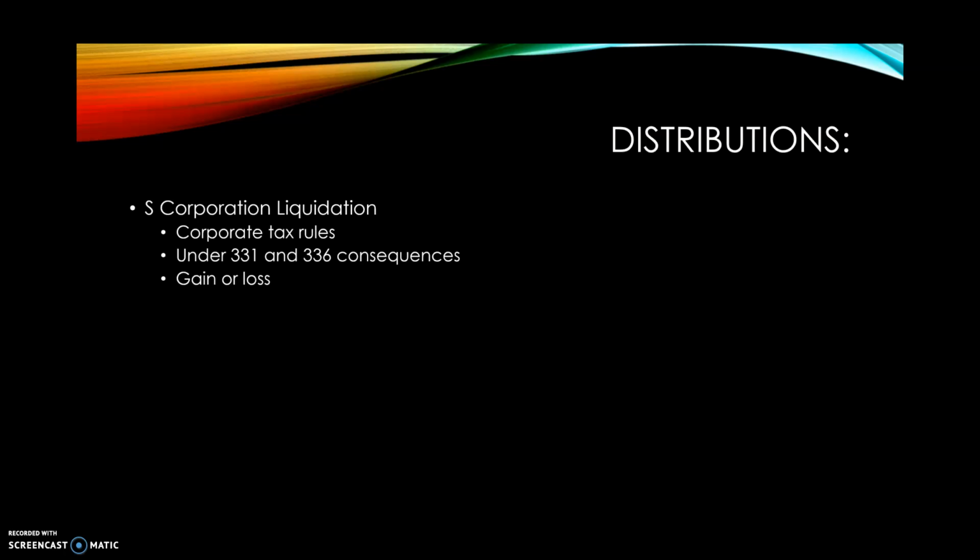The gain or loss for the consequences under 331 and 336 shall be recognized to a liquidating corporation on the distribution of property in complete liquidation, as if such property were sold to the distributee at its fair market value. This rule governs the tax consequences.